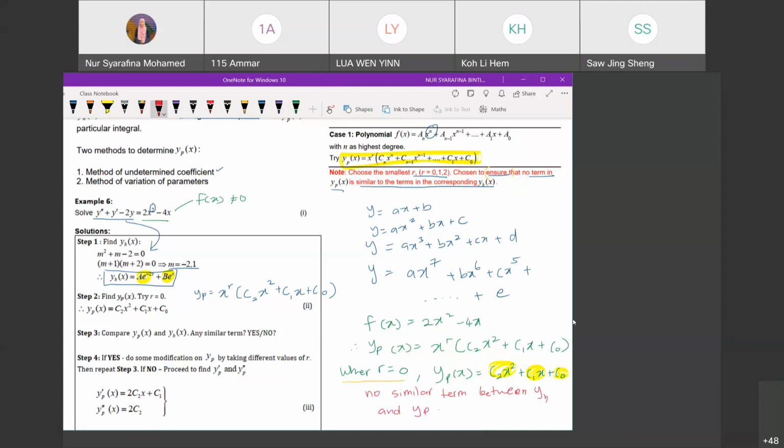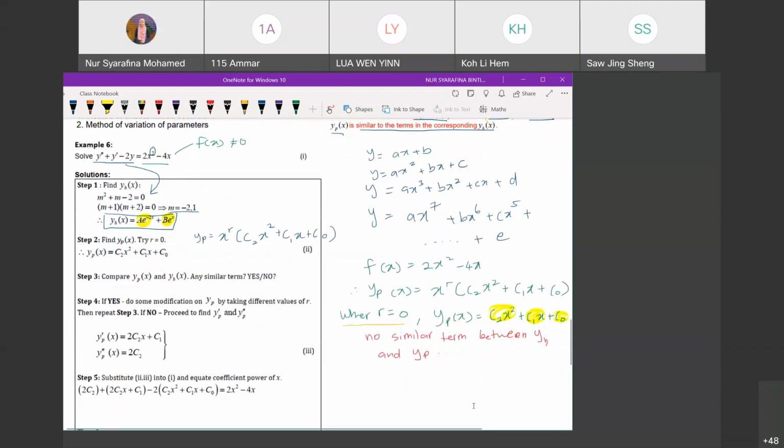So when there is no similar term between YH and YP, then we choose r equals 0 here. We choose this YP here as your YP. Understand or not? So this is your YP. That's why your YP is this one. Clear?